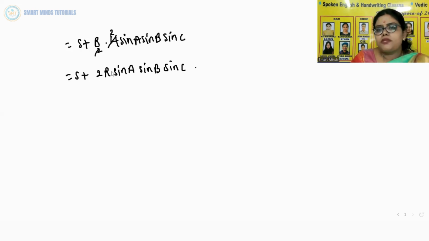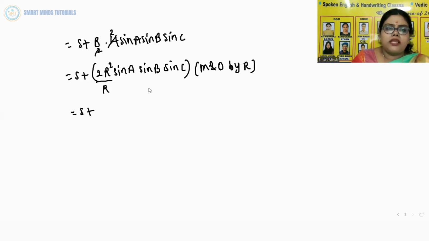So one R is missing from here. So we multiply and divide by R. So this will become, see, 2R square sin A sin B sin C becomes delta by R. This is RHS. Hence proved.